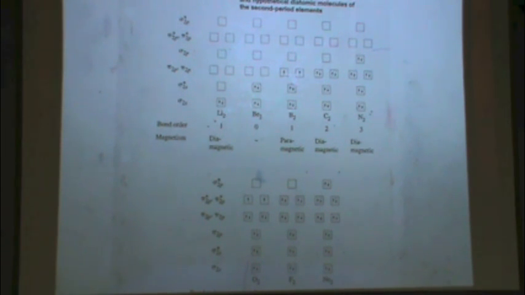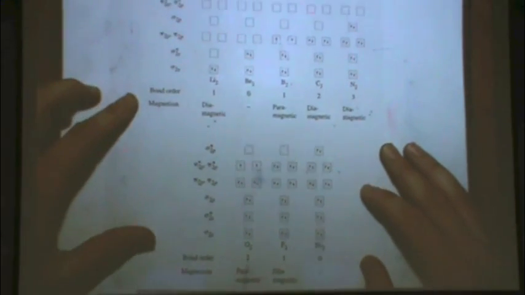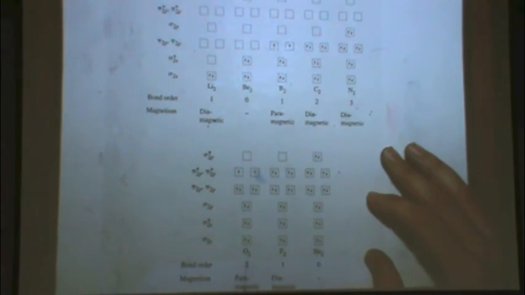It could be uncharged or charged. So you already know the possible examples. You could sit down with your cousin, your uncle. They can give you an example. You can try to draw it out for them. And on this page, it also has listed the bond order and the magnetism. So all that's pretty set for you. Just to let you know that exists, and you can take a look at it.